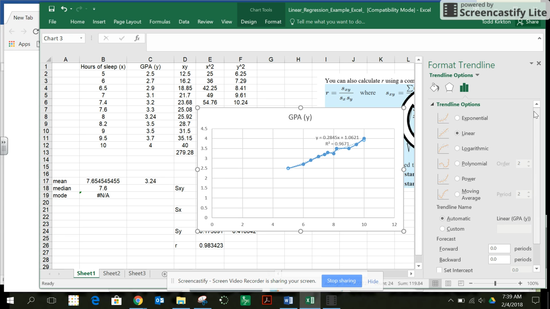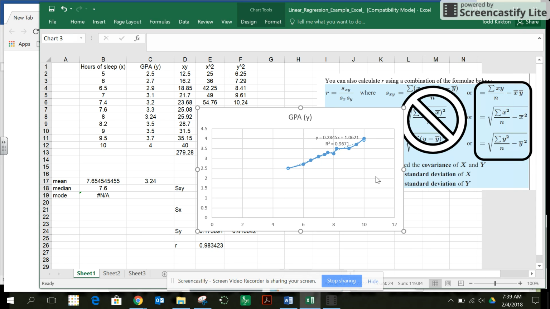I'll let you mess with that later. I don't remember how to get those little lines off there. I could have chosen a different graph. But minus these little lines connecting all my points, I have a trend line on there that is my equation that I should get for linear regression.